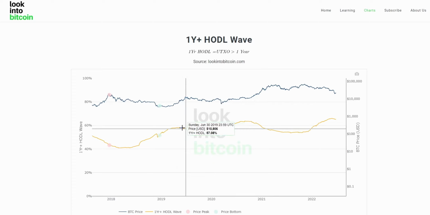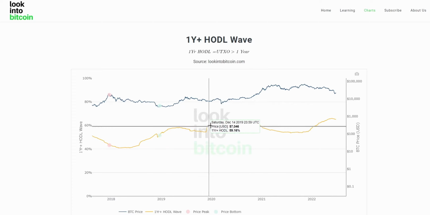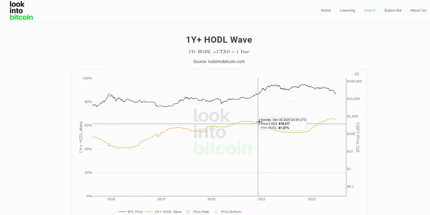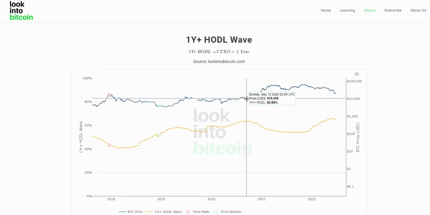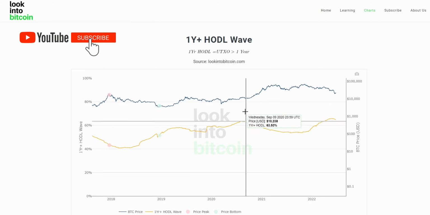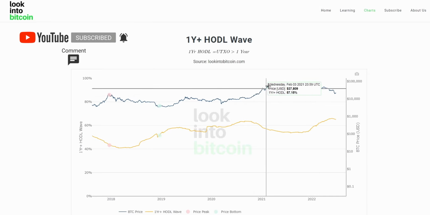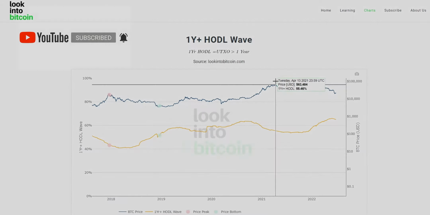So we can see the HODL wave decrease and then again increase as we bottom out. But then as this tops out at around 63.5% and we begin to decrease, this signifies new market participants entering the space, strategic investors positioning themselves for the upcoming cycle. And as this began to curl over, we saw Bitcoin run up from just above $10,000 to far exceeding $60,000.